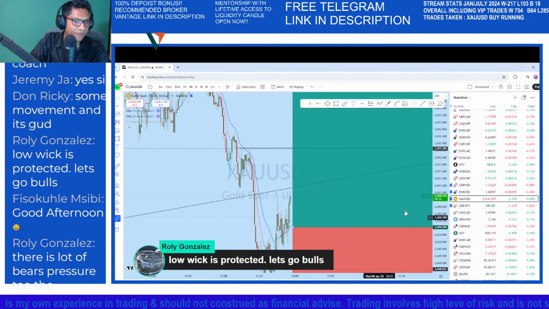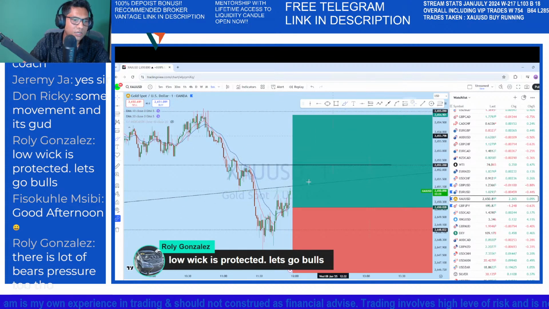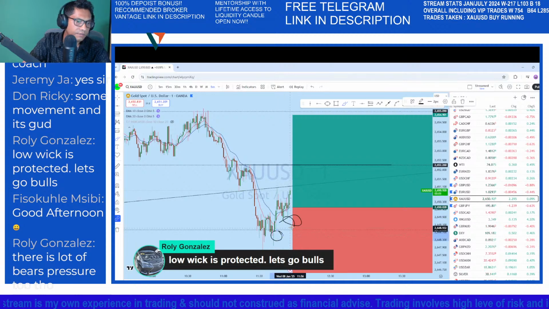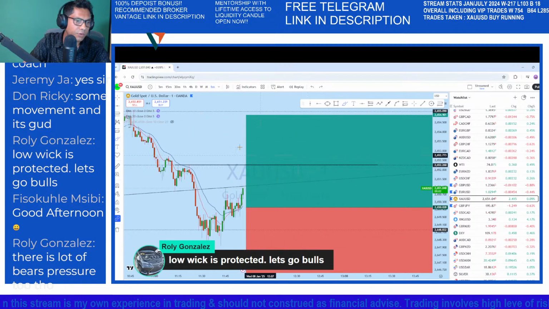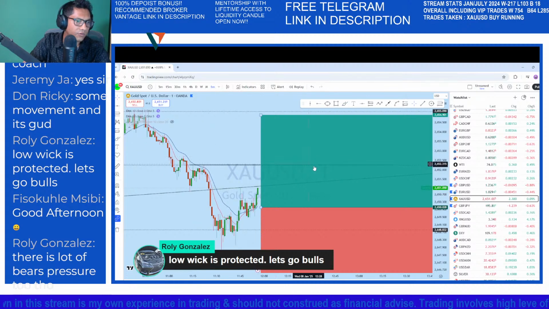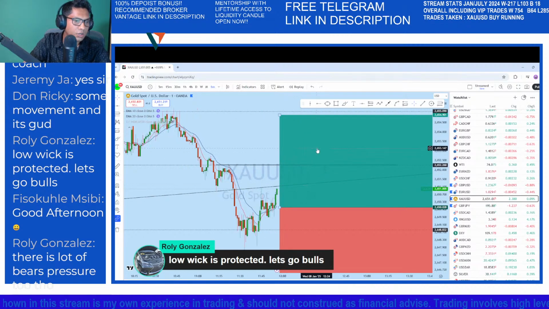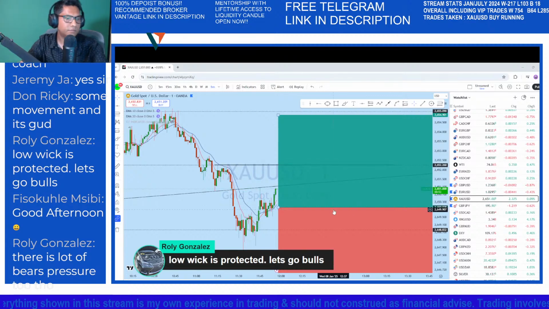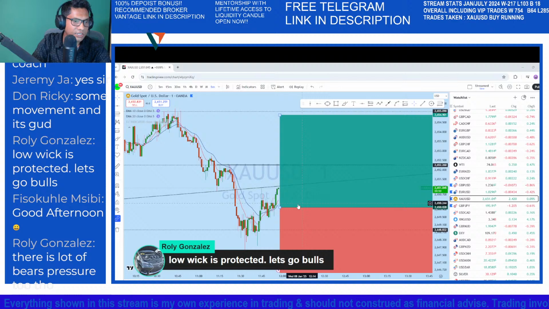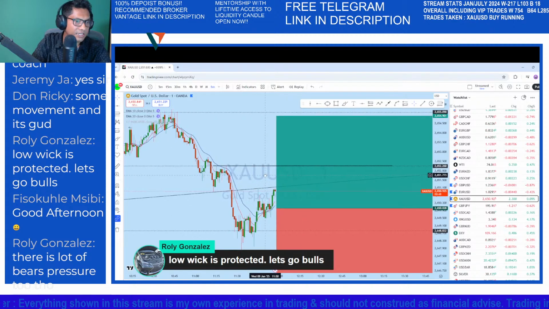So we can see that it formed a structure here, which is a reversal pattern, and that's a very important structure formation, expecting for the market to break that high. So you can see it's moving in that direction.